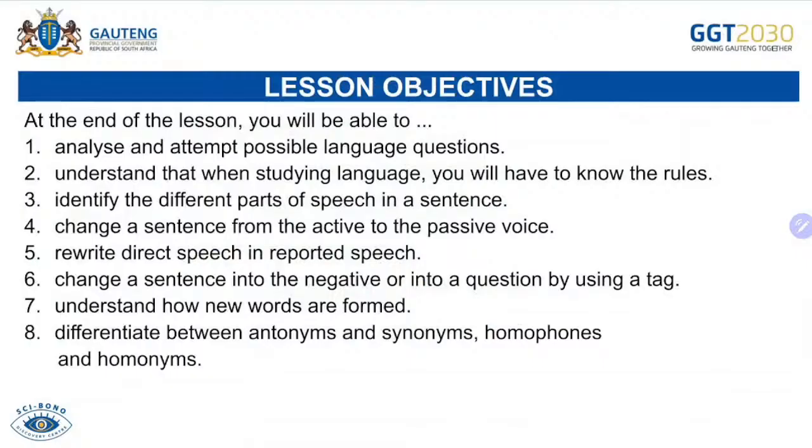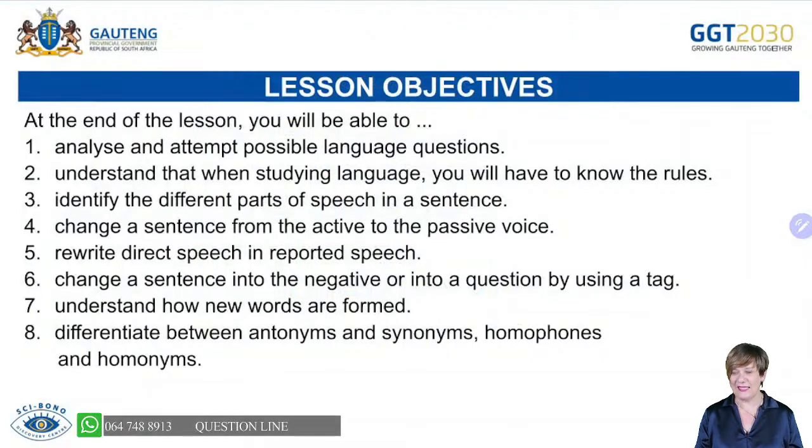On your screen, you'll see a list of all the lesson objectives. We're going to look at possible language questions, that you have to know the rules when studying language, and that you have to be able to identify the different parts of speech in a sentence. I'm going to show you how to change a sentence from the active to the passive voice.